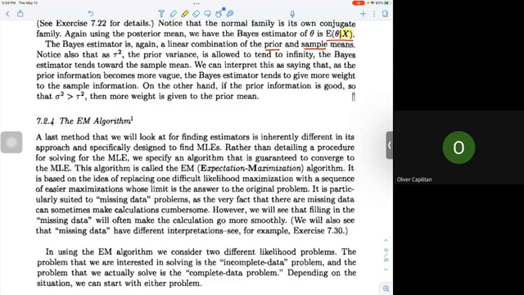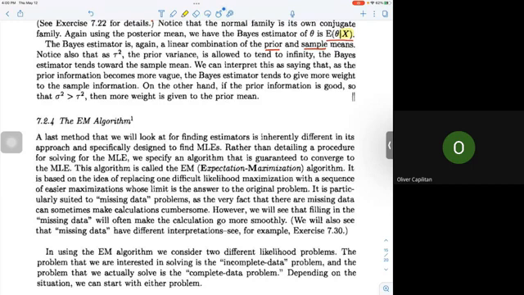So the last method that we will look at for finding estimators is inherently different in its approach and specifically designed to find the maximum likelihood estimators. Rather than detailing a procedure for solving for the maximum likelihood estimator, we specify an algorithm that is guaranteed to converge to the maximum likelihood estimate.